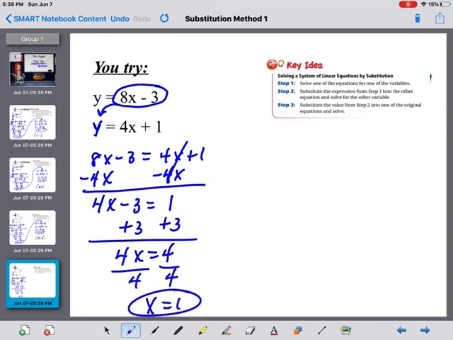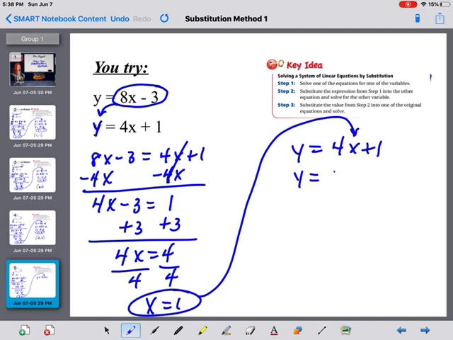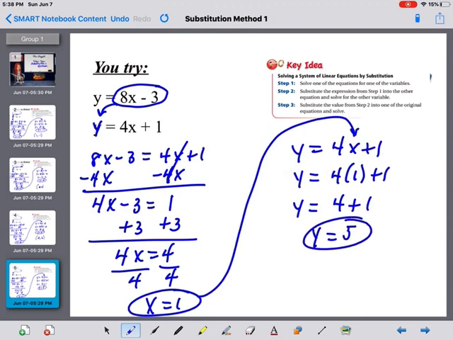And dividing by 4, I get x is equal to 1. I'm going to pick my bottom equation to solve for y and substitute in the 1 that I just found for x. And I wind up with y equals 4 plus 1, or y is equal to 5. So my solution for this system would be 1, 5.